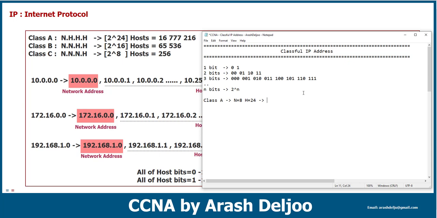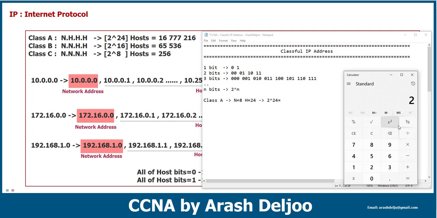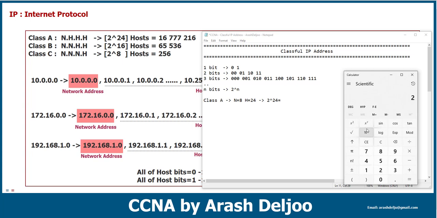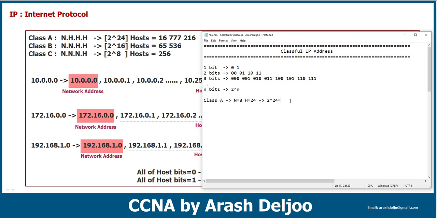Let me show you, because we have 24 bits for hosts, we can create 2 to the power of 24 hosts. Let me use the calculator, 2 to the power of 24, okay, this is the result. Let me copy this value here, and in each class A network, we have this number of hosts.